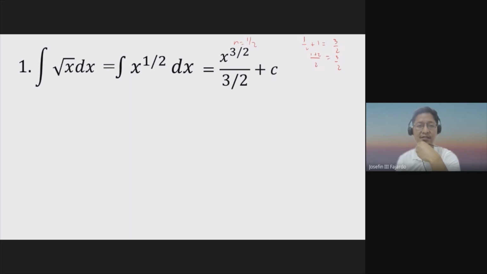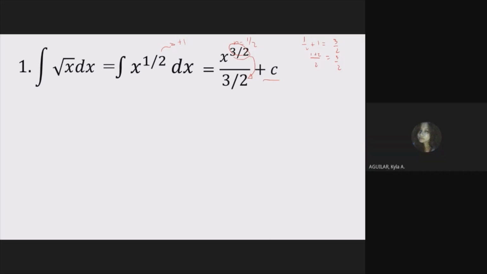So, is this clear, guys? Notice from 1/2, nagdagdag tayo ng 1, kaya naging 3/2 yung exponent natin. And then, kung ano tong exponent na to, yun din ang ilalagay natin sa denominator. Okay? Malinaw? And of course, the plus c. Simplify na lang natin to.